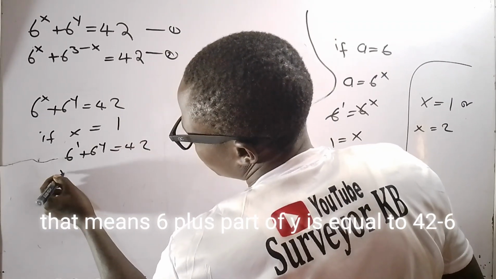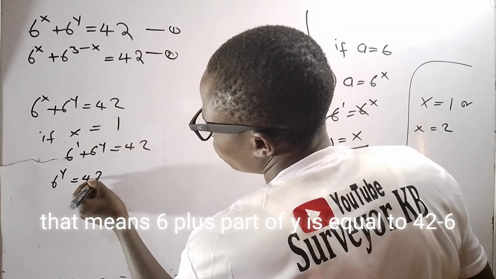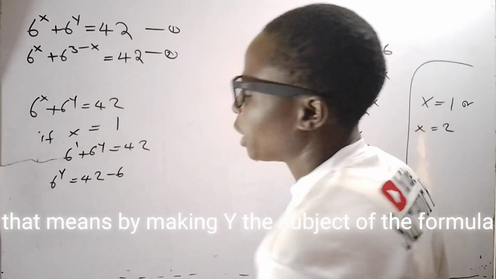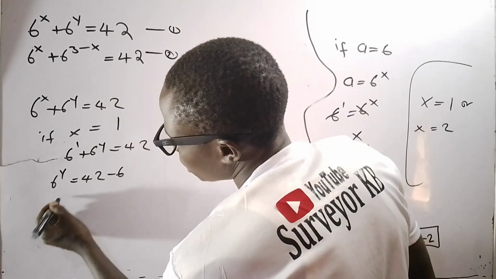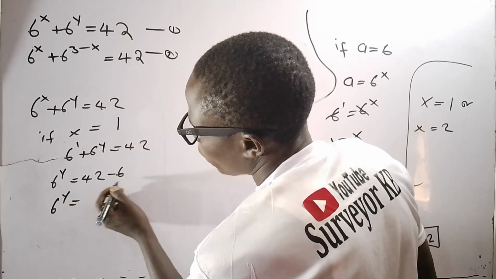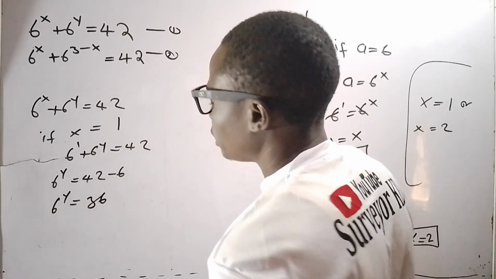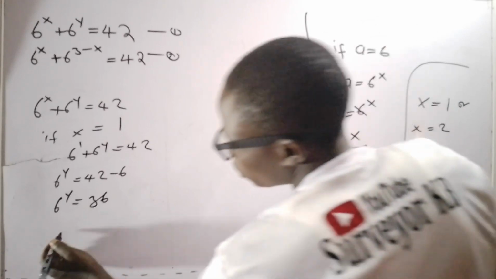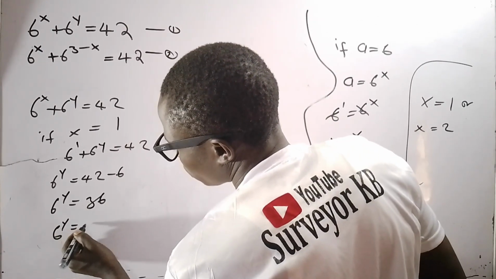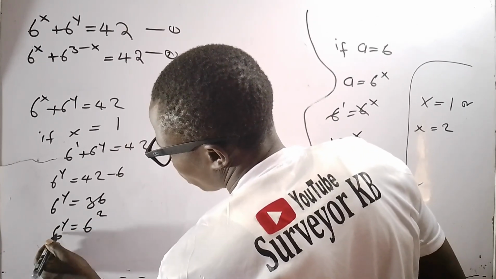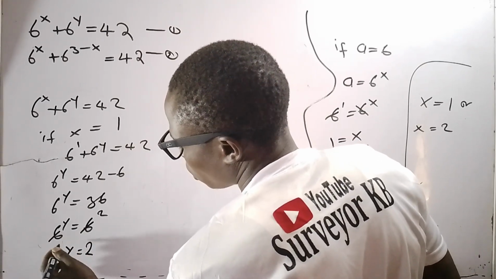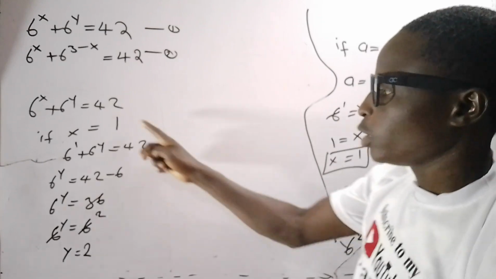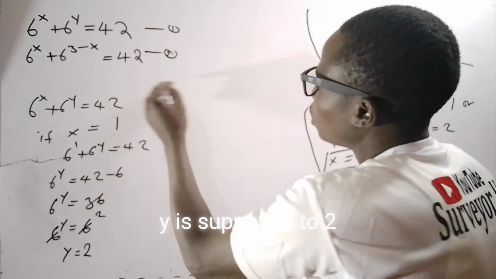That means 6 raised to the power of y is equal to 42 minus 6, by making y the subject of the formula. So 6 raised to the power of y is equal to 42 minus 6, which is 36. So 6 raised to the power of y is equal to 6 squared. So having the same bases, we can equate them. So y is now equal to 2. So we can see that when x is equal to 1, y is equal to 2.